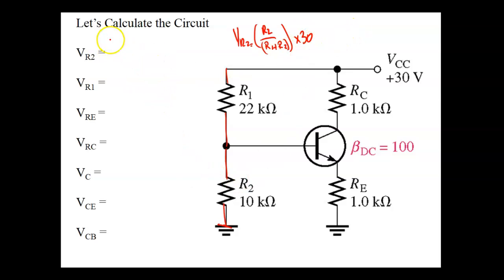So VR2 would be equal to 10K over 32K. K is going to cancel because it's on the top and the bottom. So 10 divided by 32, and then I'm going to multiply that times 30, and that's going to give me my voltage. So in a series circuit, we don't need to calculate current to calculate voltage drop. This is really big. So what do we come up with again?